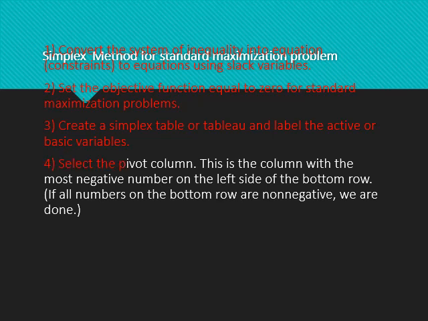Step 4, select the pivot column. This is the column with the most negative number on the left side of the bottom row.